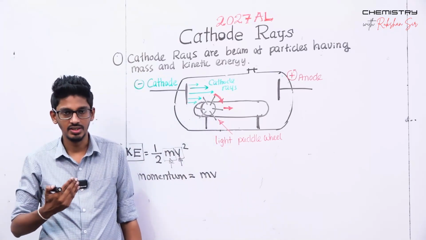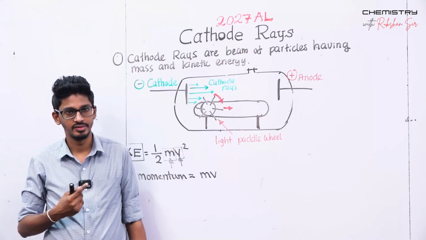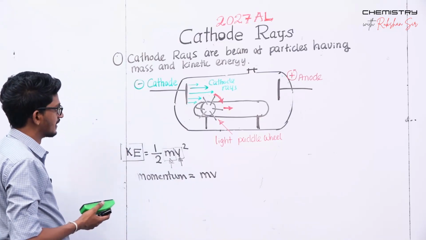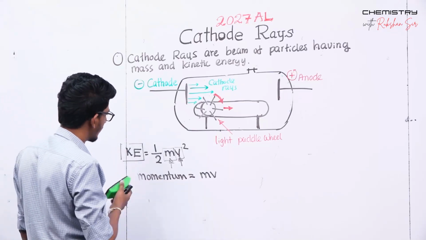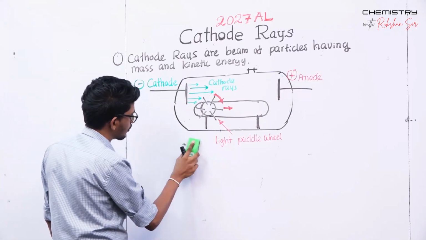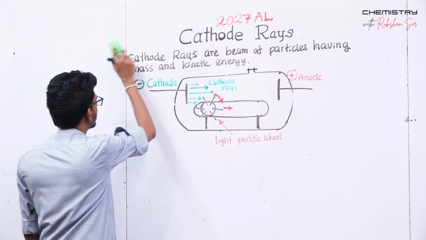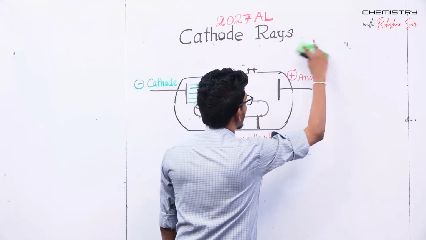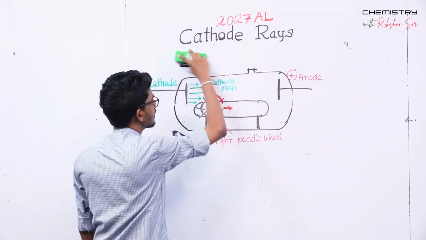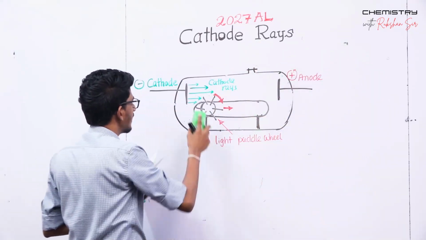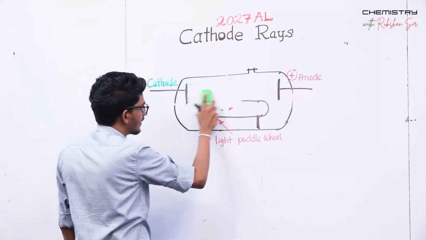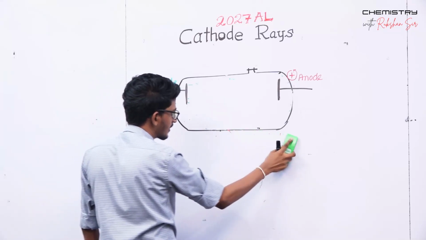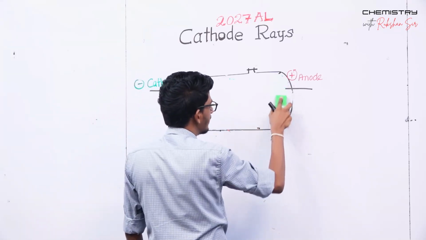We'll discuss the third property of cathode rays. We have discussed two properties with those experimental setups. The third property says the cathode rays are negatively charged particles.